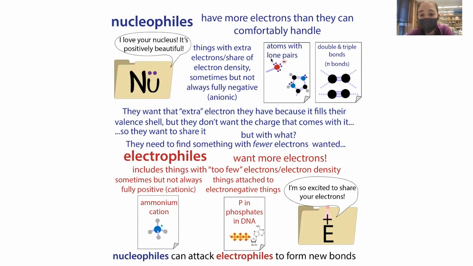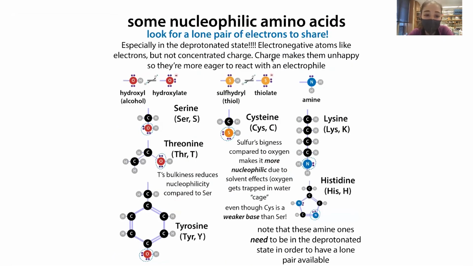So when we have this hydroxylate, it's going to be very nucleophilic. If we deprotonate the serine, we get a strong nucleophile that we can then use to attack. You'll also see similar things happen with threonine, tyrosine, and cysteine when they get deprotonated.